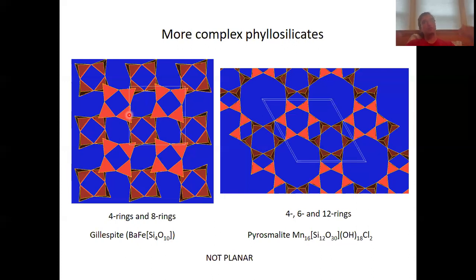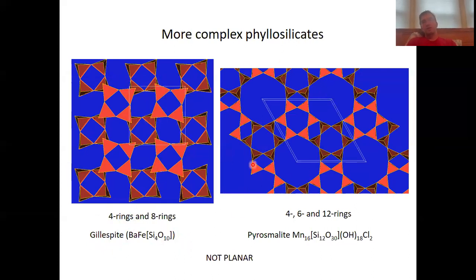Okay, four of them would point up. These are these two here, and four of them would point down. These are these two here. Okay, so an example in which that structural motif is realized is gillespite. So this is a barium iron silicate.